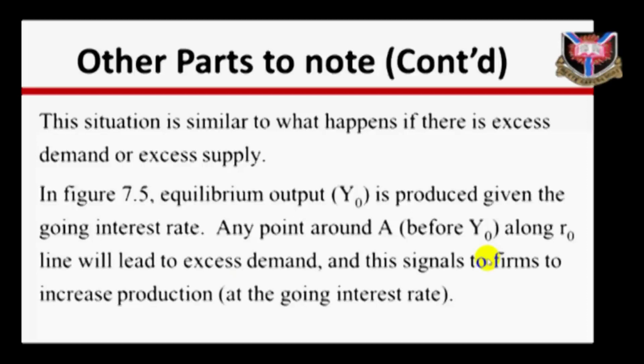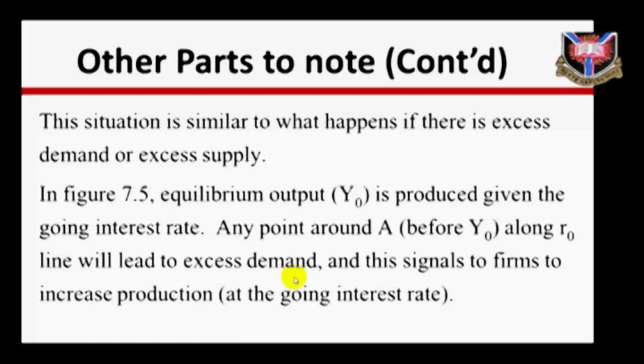On the other hand, a point like B on the R naught line implies that planned aggregate expenditure is less than actual equilibrium output, or savings is greater than investment. In a case like this, inventory will build up, leading to downward pressure on investment and hence reduction in output.